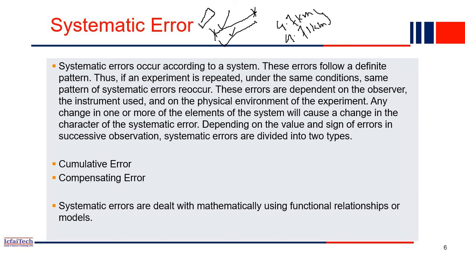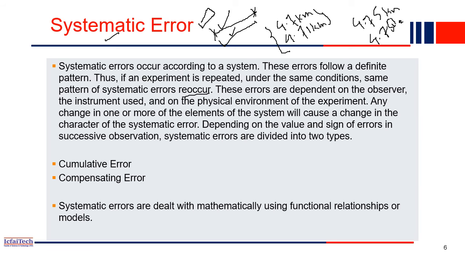The mistake will reoccur and the values will be almost similar. But another surveyor, if he goes and measures the distance, he will get maybe 4.75 kilometer. Again, the second surveyor after one hour remeasures, and the distance will be something very similar to that. Whatever mistake the second surveyor did, the second time also he did the same mistake. That type of mistake we call systematic error.